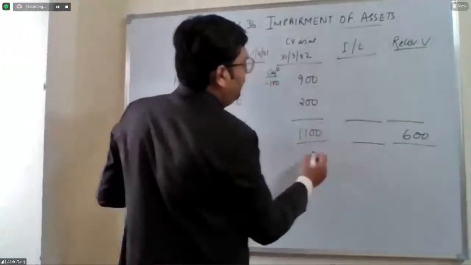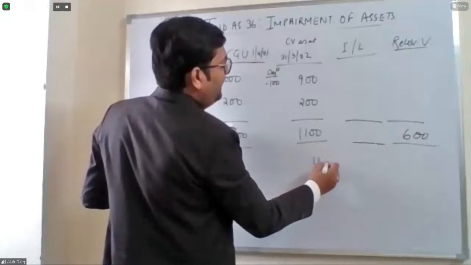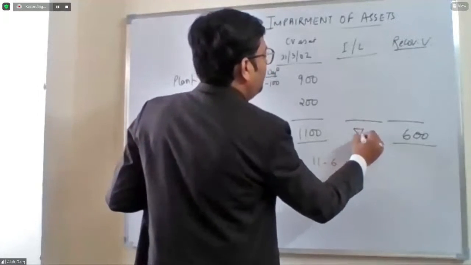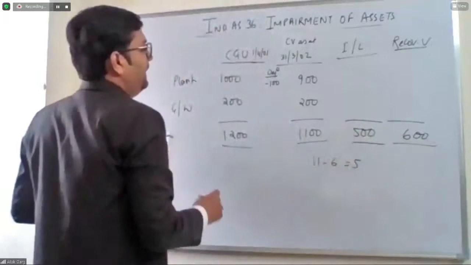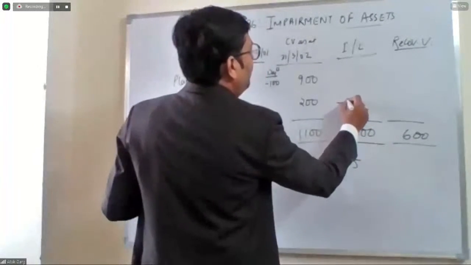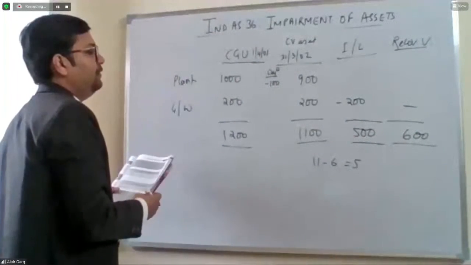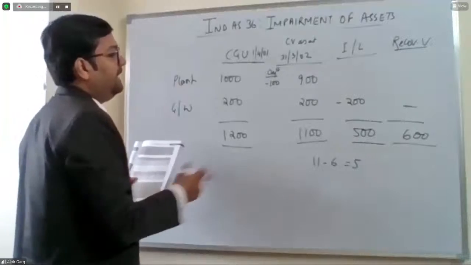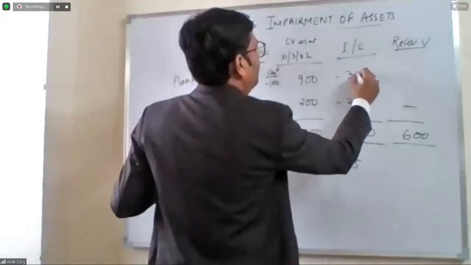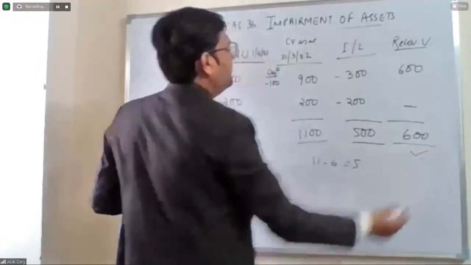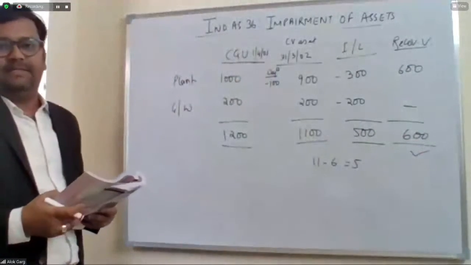The total impairment loss is 1100 minus 600, which is 500. So total loss is 500. In this 500, first of all, you need to hit the goodwill. You need to strike off the goodwill. The revised carrying value of the goodwill will become 0. And the remaining impairment loss you need to charge to the plant, minus 300. So the value will become 600. So this is the allocation as per Ind AS 36.